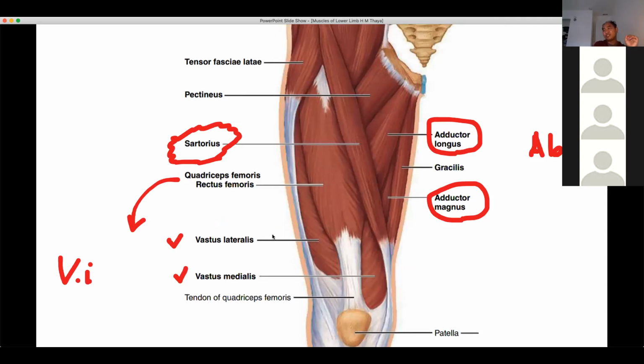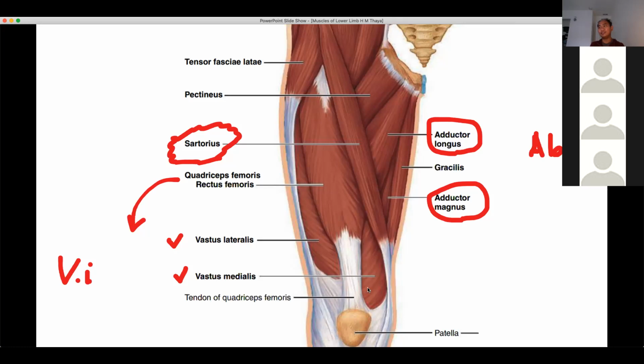So this quadriceps muscle occupies the anterior and lateral portion of the thigh. Okay, and this quadriceps, all the muscles fuse together to form the quadriceps tendon, tendon of the quadriceps femoris, and that way come and attach to the patella.